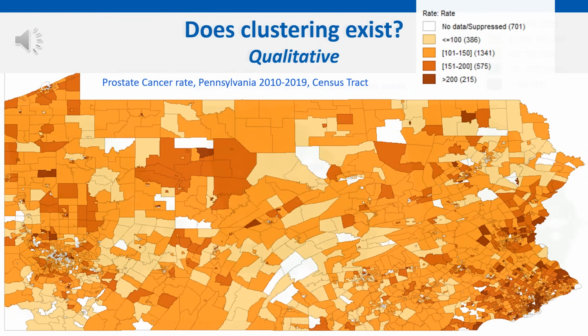New images: 3 maps with varying green shaded areas. First for 2006 to 2010, second from 2010 to 2014, third from 2014 to 2018. Lung cancer rate, Georgia, 5,000 population areas.